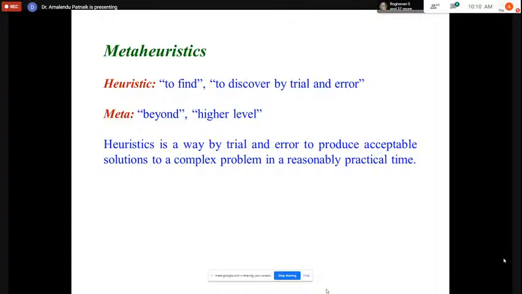But there are situations where it is difficult to get a closed form relationship between input and output. Or there are situations where it is difficult to find out a solution. So there we are taking the help of these metaheuristics techniques.